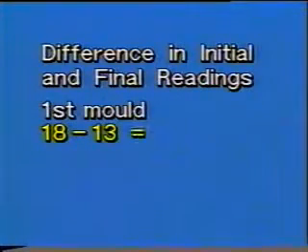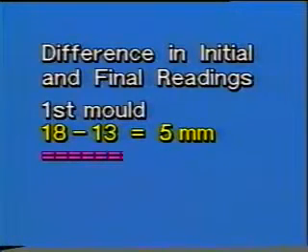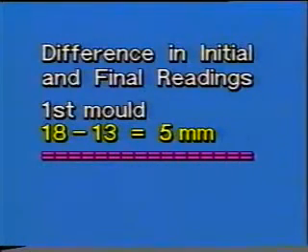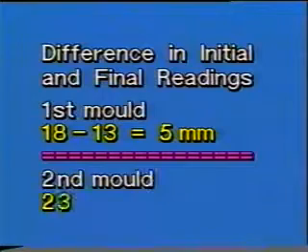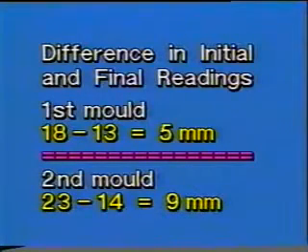The difference in the initial and final readings for the first mold is 18 minus 13 equal to 5 millimeter, and for the second mold it is 23 minus 14 equal to 9 millimeter.